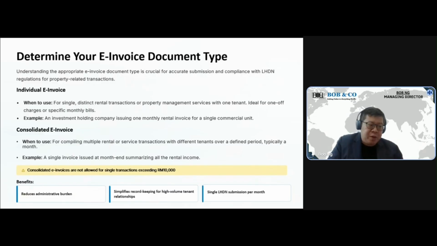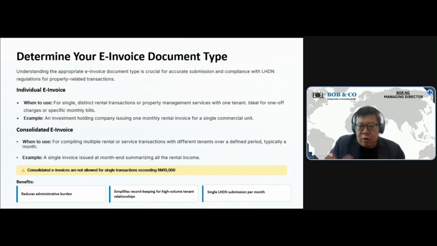So for example, if you have a whole unit itself, a big unit, you have multiple small rooms or segments of it where your rental is probably 2,000, 3,000 ringgit, that kind of thing. And you then have a single space itself, probably a lot bigger, and you rent out to one person for 11,000 ringgit.